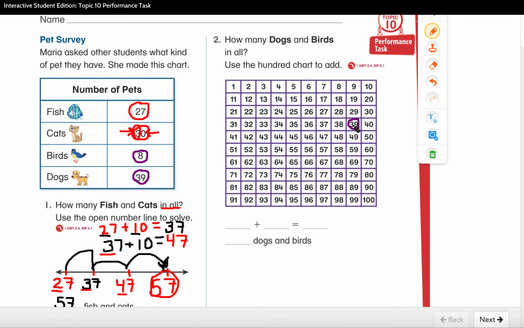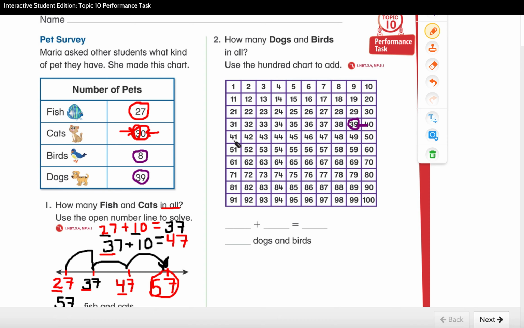So go ahead over here. So we're adding 1. Now remember, when we're adding the ones, we're going across the row. When we're adding tens, we're going up and down the column. So since there's no tens in 8, it's just ones, we're just going to go across. So we already said 1.